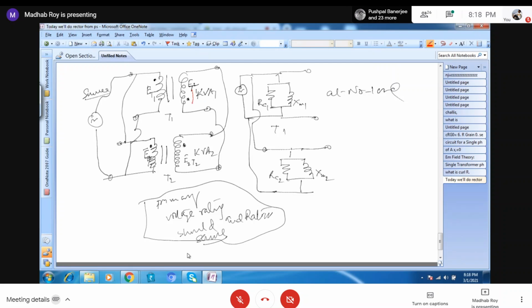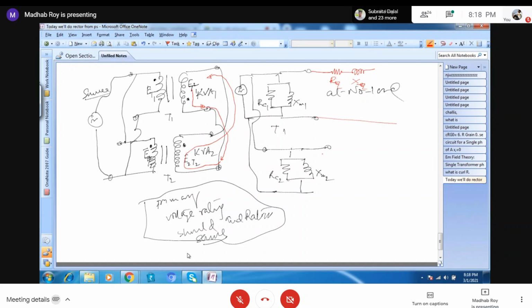If you follow how the local loop is forming, the local loop is forming like this. So this is the local loop formation. So in this local loop, how are the EMFs connected? Now if we want to find the local loop, you see that. Here in the equivalent circuit, this is R equivalent and X equivalent.